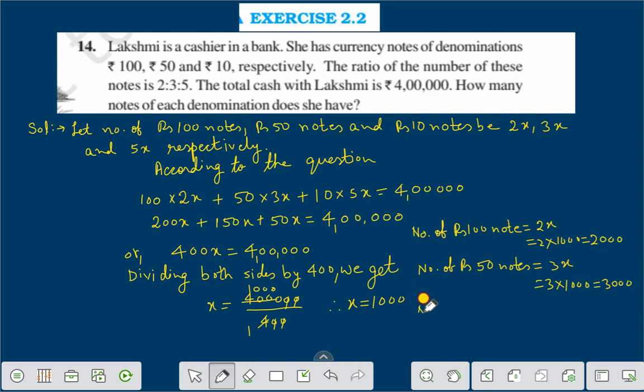The number of rupees 10 notes is 5x, that is 5 into 1000, that is 5000. Therefore, we got the answer: the number of 100 rupee notes is 2000, the number of 50 rupee notes is 3000, and the number of 10 rupee notes is 5000, right?